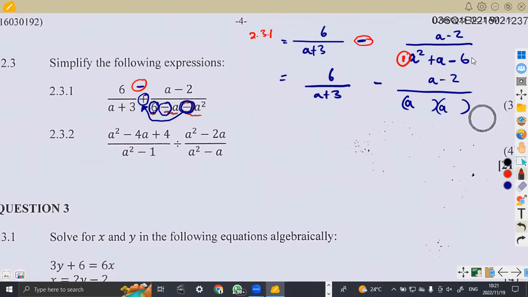What are the factors of minus 6? This is your consideration: the factors of minus 6 which, if you add, give the middle number here, which is 1. So the factors are 3 and minus 2. 3 times minus 2 is negative 6. 3 plus minus 2 is 1. So these are the factors: a plus 3, a minus 2.